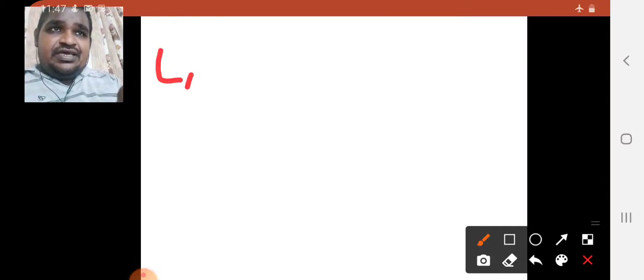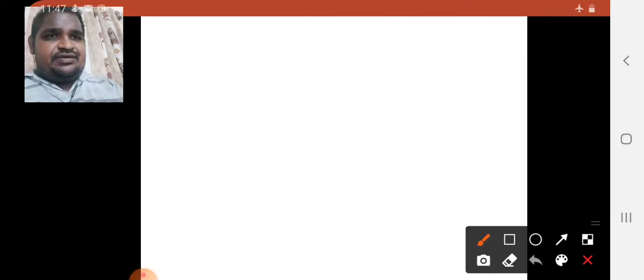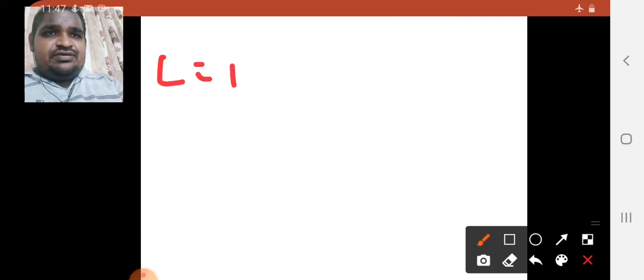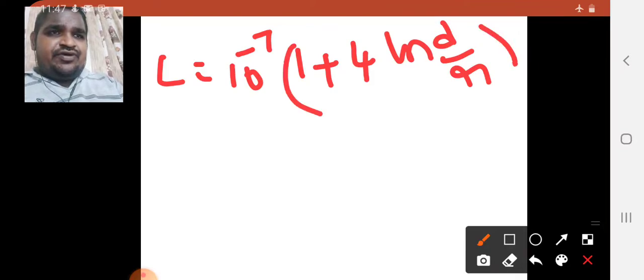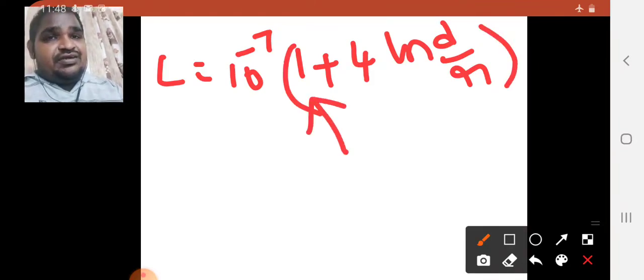So basically, what is loop inductance? L is equal to 10 power minus 7 times 1 plus 4 ln d by r. This is the formula. Here 1 is due to the relative permeability, which we assume as 1, that is the mu r value.